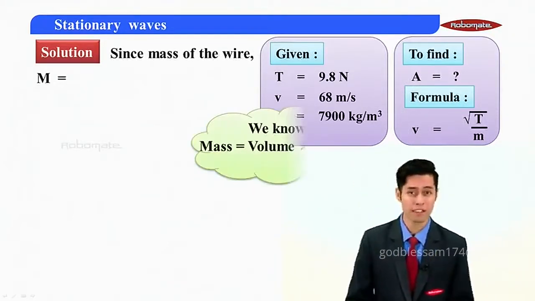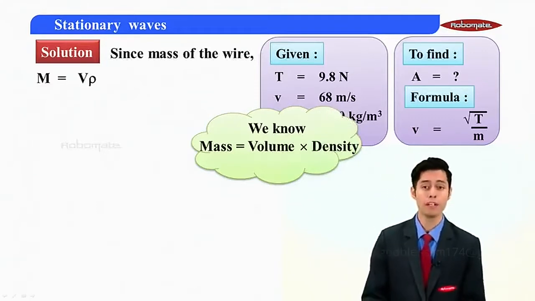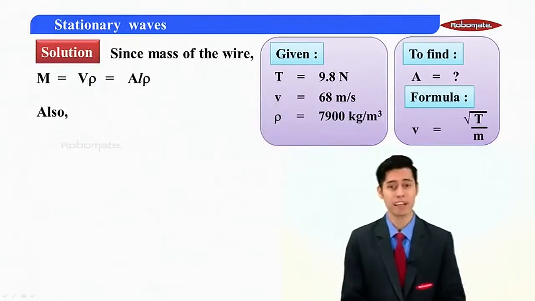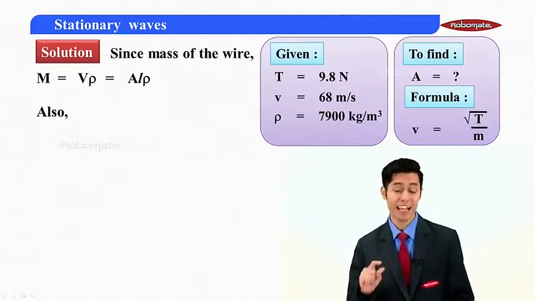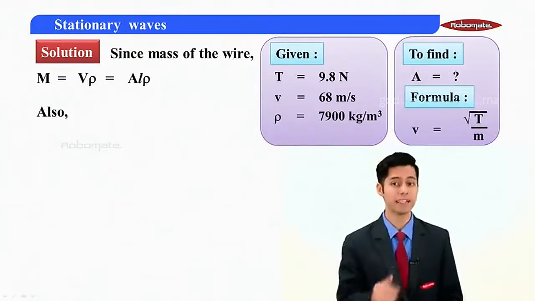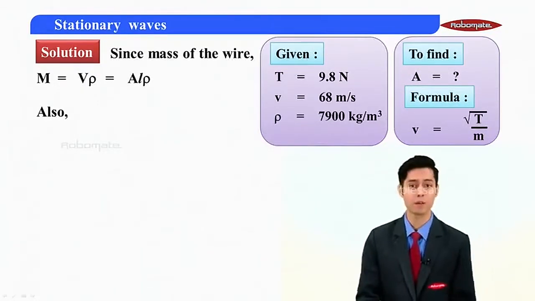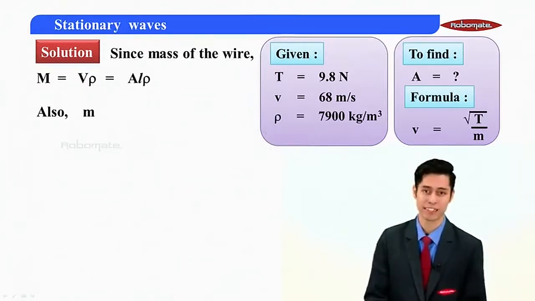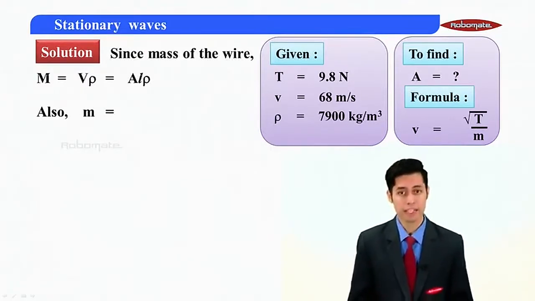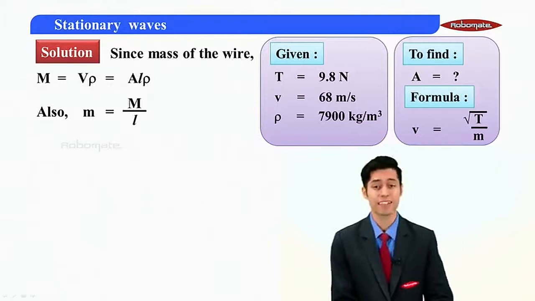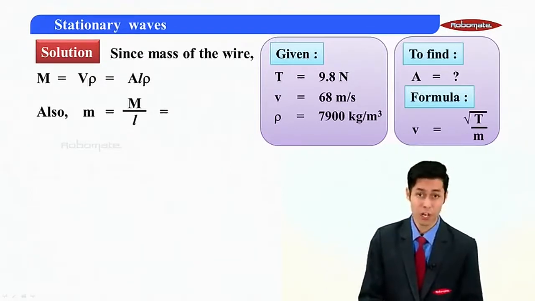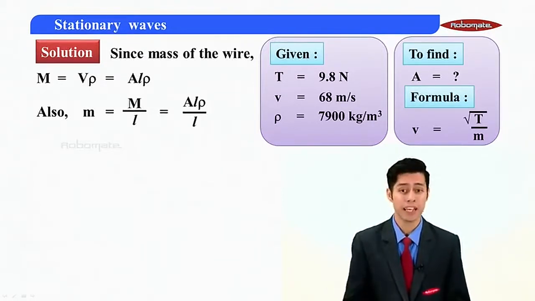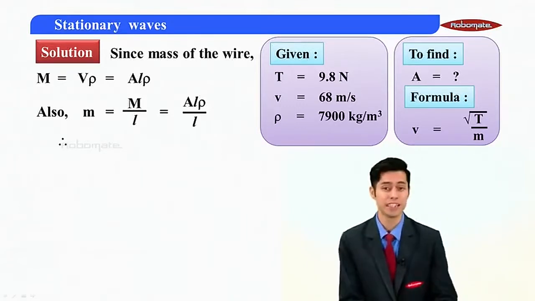We know that mass is equal to volume into density. Can I say volume can be written as area into length, multiplied by density? So I have mass equal to area into length into density. Small m is mass per unit length, that is capital M upon small l. So it is area into length into density upon length.